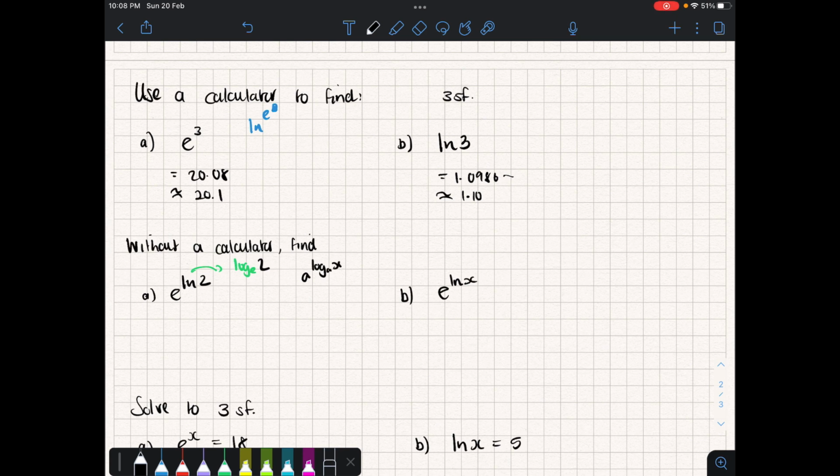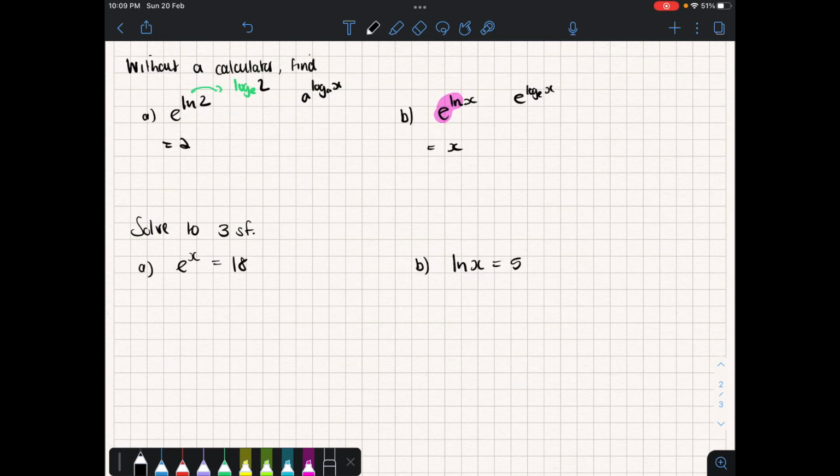And so this can just be simplified to 2. And much the same here, we have e to the power of the natural log of x, and in exactly the same sense, this is e to the power of log base e of x, which can be simplified to x.